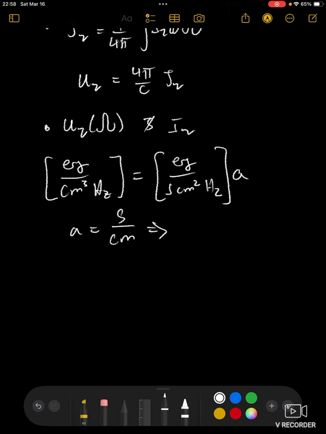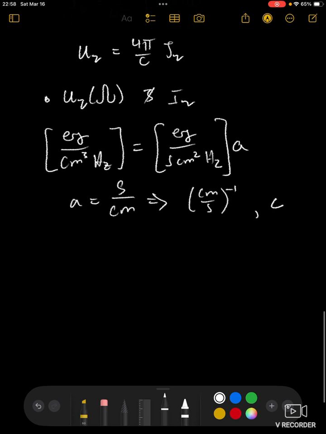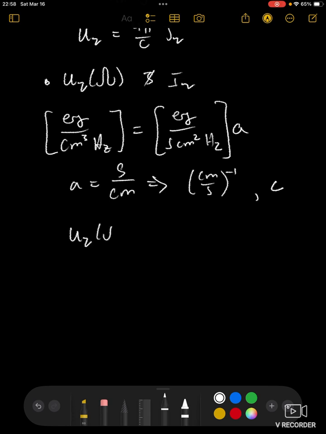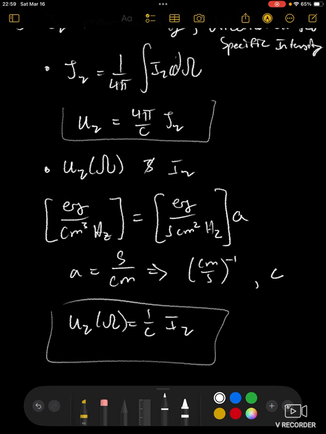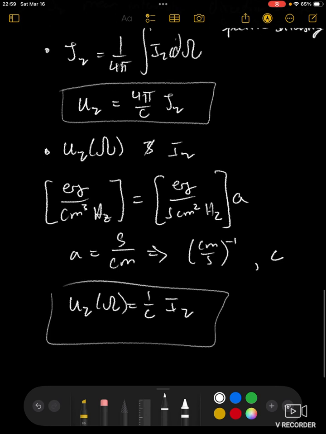And what does that look like? Well, centimeters over seconds to the minus 1 is equal to the velocity. In this case, we know that the velocity we're going to be using is c. So what does that mean? That means that u nu is equal to 1 over c I nu.